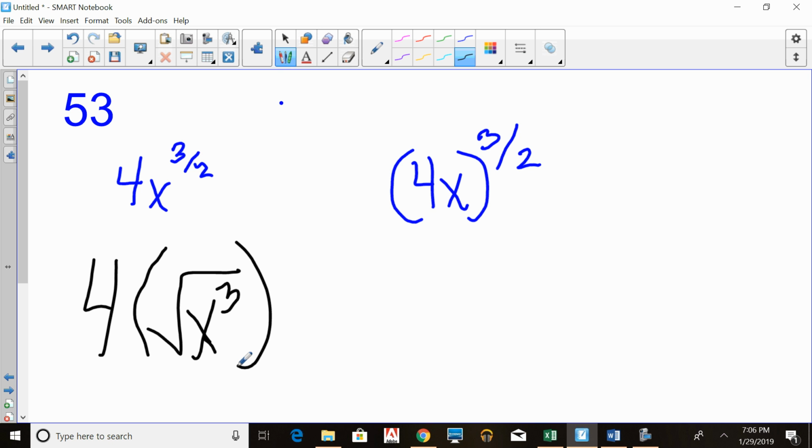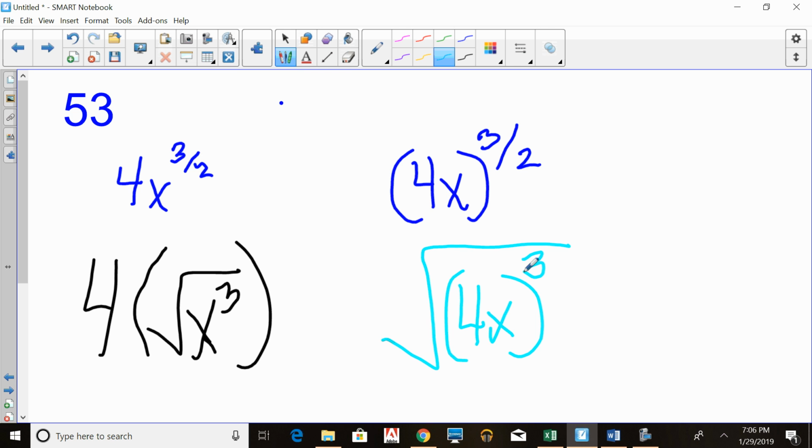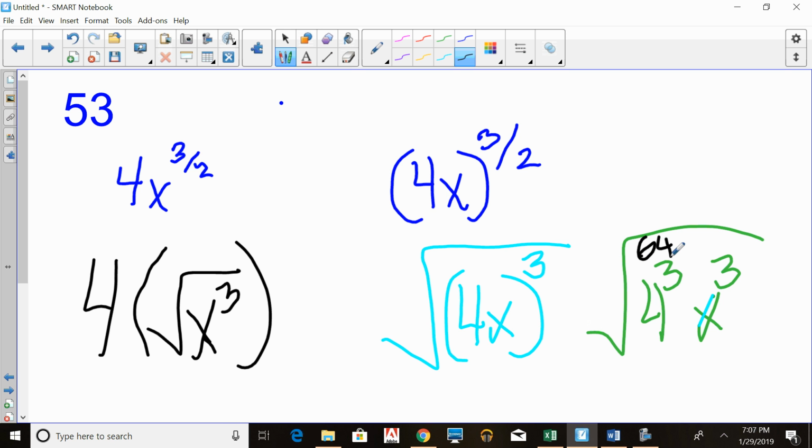Here now we have both of these in parentheses to the 3/2 power. So therefore the square root would be like this, and it would be 4x to the 3rd, which then you can turn into 4 to the 3rd times x to the 3rd under the square root, and 4 to the 3rd is 64, and the square root of 64 is 8, and then we'd have the square root of x to the 3rd.